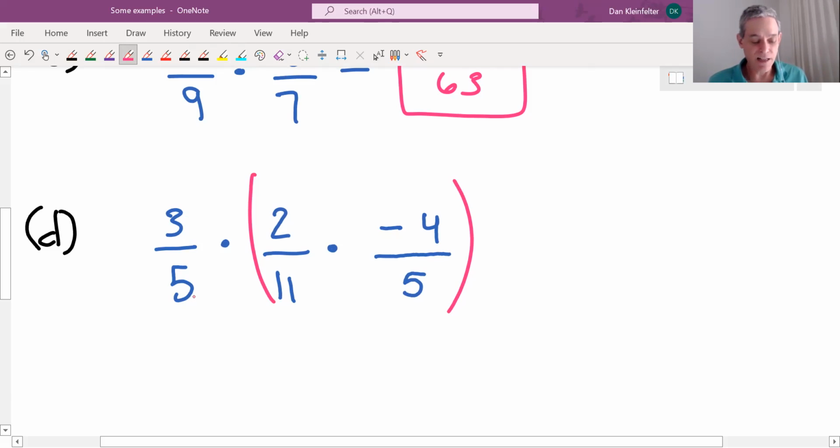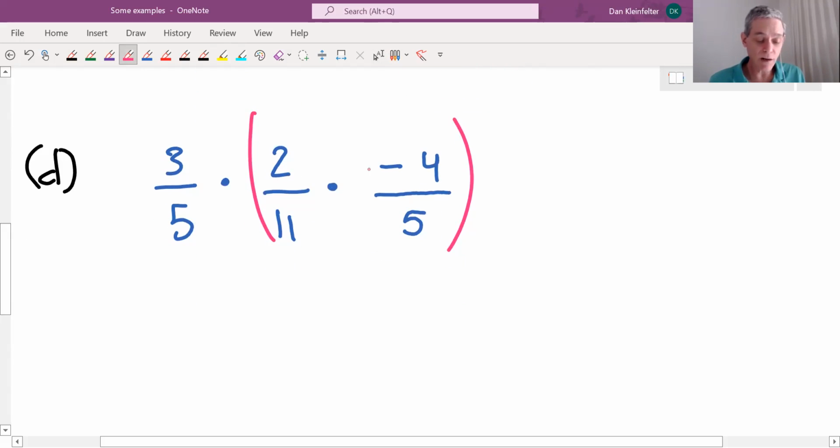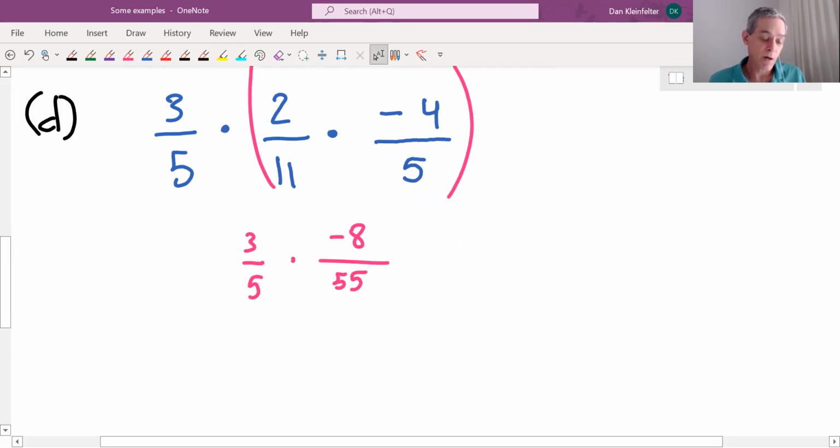I feel like doing this. So here we would have 2 times -4 is -8. 11 times 5 is 55. That's for the part in parentheses. And then out front, we would still have the 3/5. One more step and we're done. 3 times -8 is -24. 5 times 55 is 275.